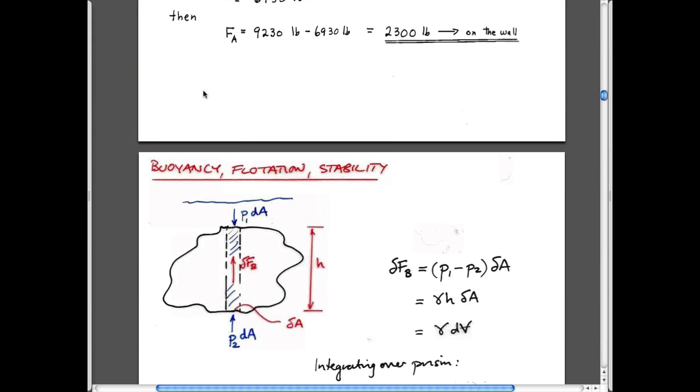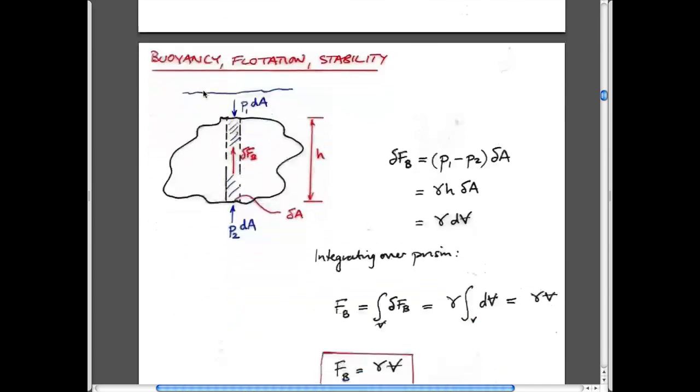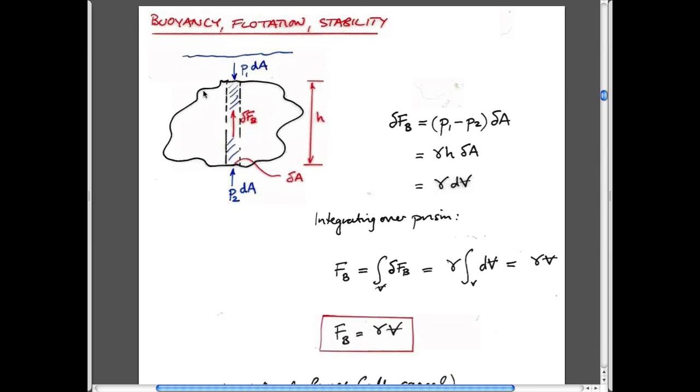So we've talked about forces acting on structures. The other thing that we can also talk about is buoyancy. Buoyancy is important because it is also a resultant force that acts on a structure, and we can do exactly the same thing as we've done previously, and that is look at forces that act on this particular geometry.